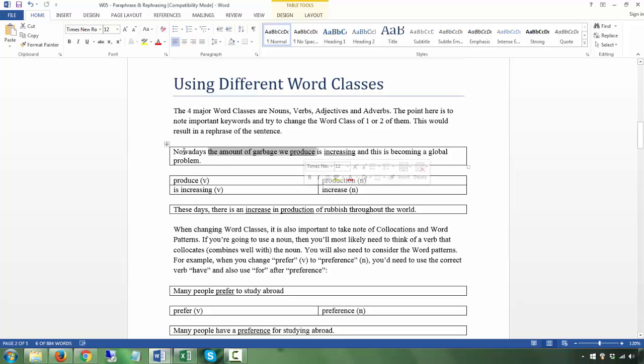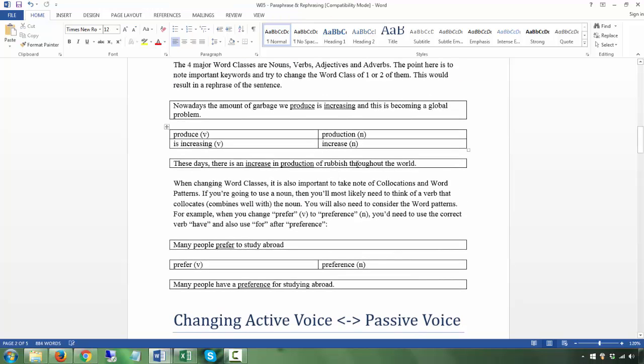In the first sentence the subject is this, but here you use "there" as a subject. This special structure is there plus be. So this is a bigger change, right? And as I mentioned, this is probably a better way to paraphrase and rephrase your sentences.